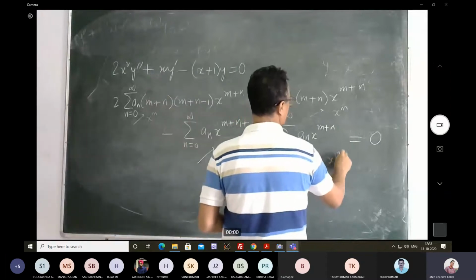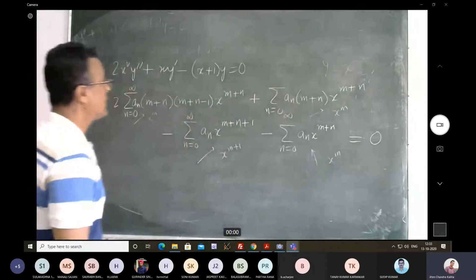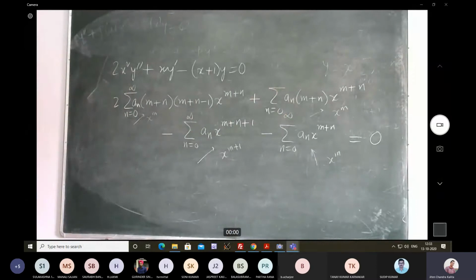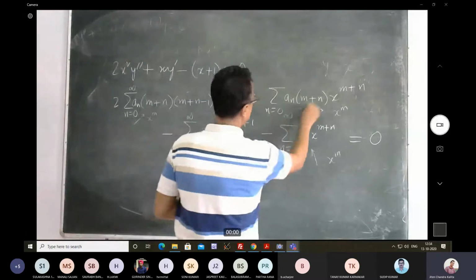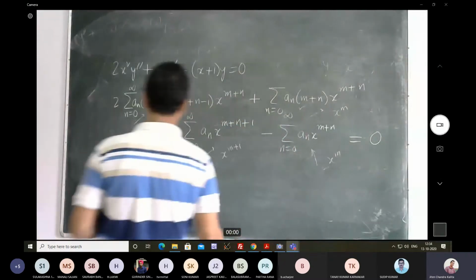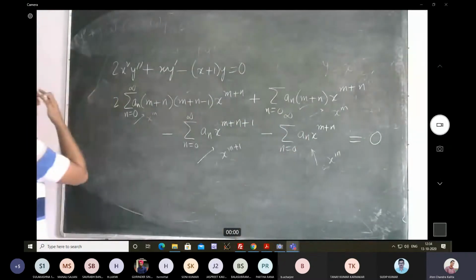Again, these start with x to the power m. Right? So what we have to do is take the very first term of the remaining series out. Is it okay with everybody? Just as we did in our series solution about an ordinary point. Okay? Fine. So from each of this one and this one, I am going to take the first term out.